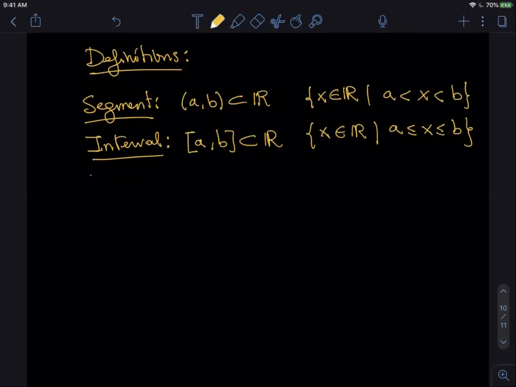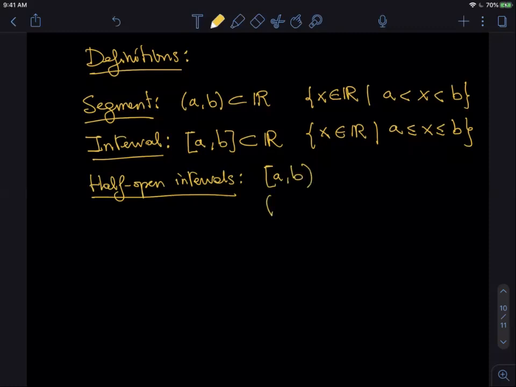We can also have half open intervals, like AB open on the left or on the right, sorry, or on the left. In this case, it's just a question of including one of the two endpoints.